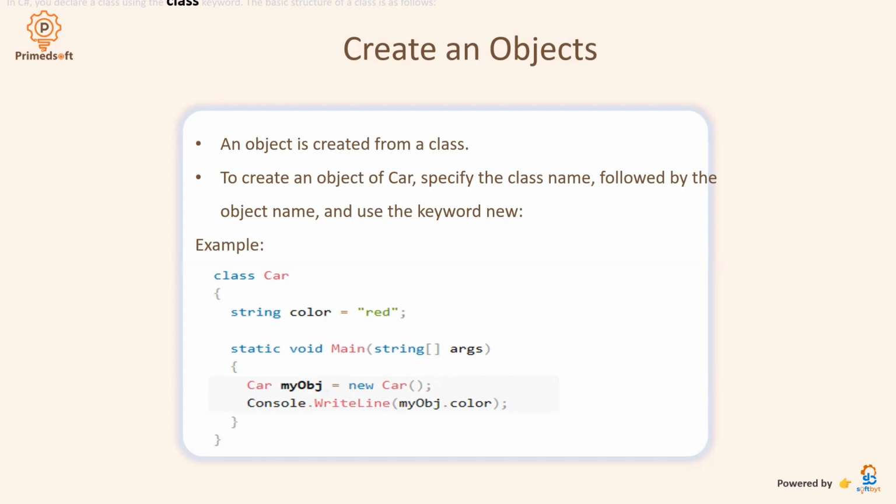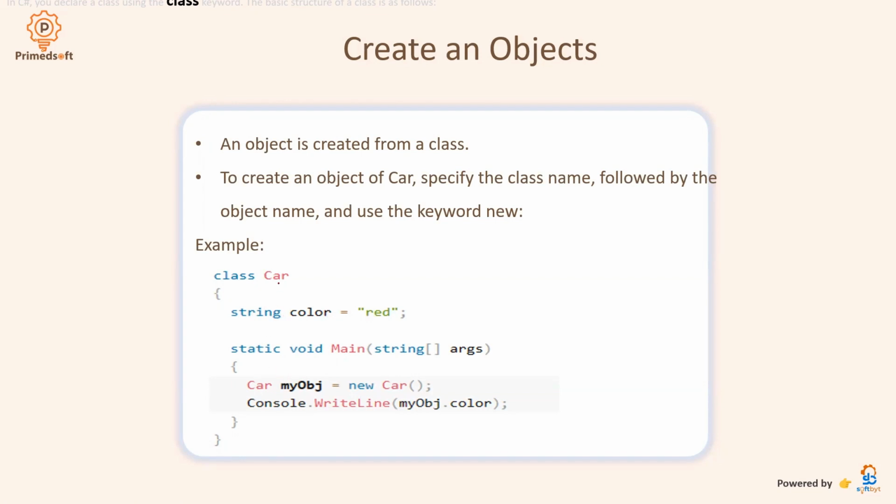Now to create an object of a car, we'll have a class called car. We have declared and initialized our variable, saying string color equal to red. And we'll have this method here, and then under this method we want to create the object of this class.